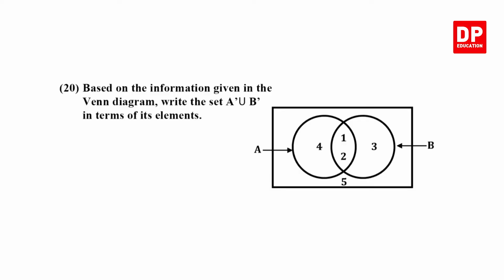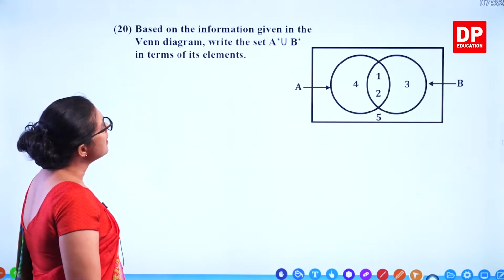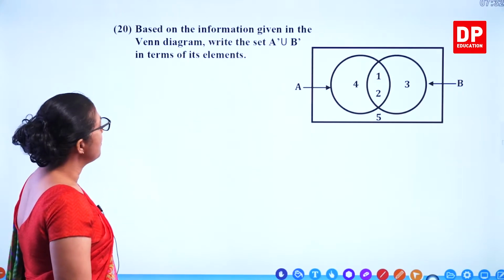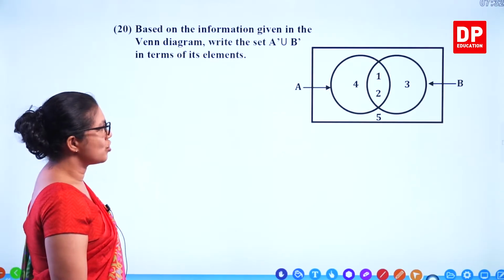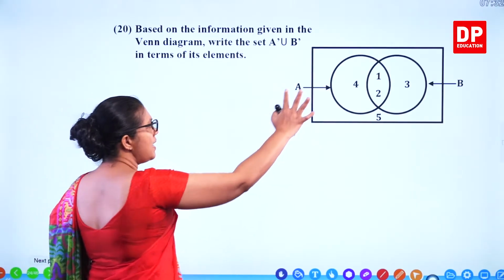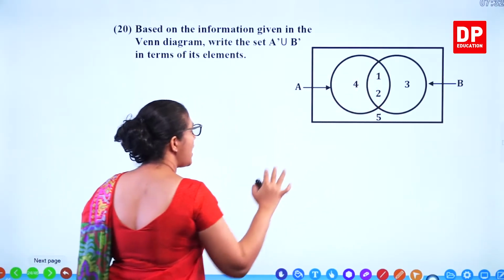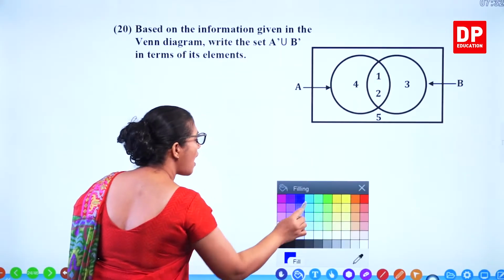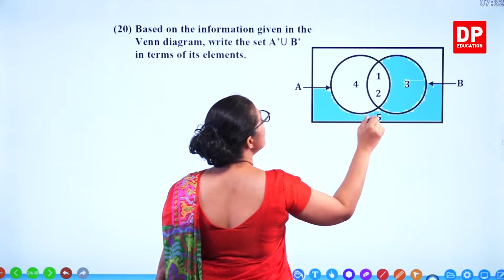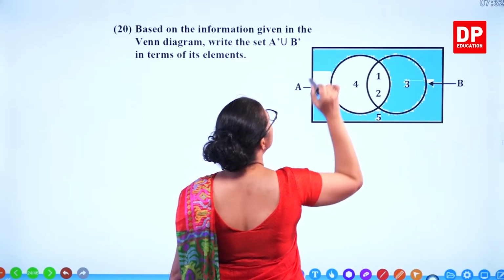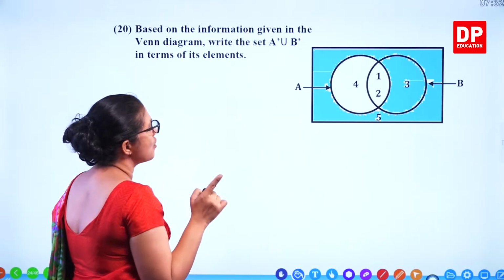Question number 20. Based on the information given in the Venn diagram, write the set A dash union B dash. A dash means everything outside A. So if you are coloring A dash, you have to color this part, A dash.